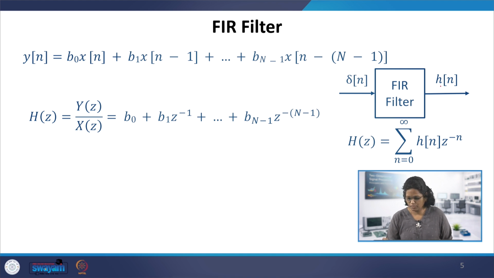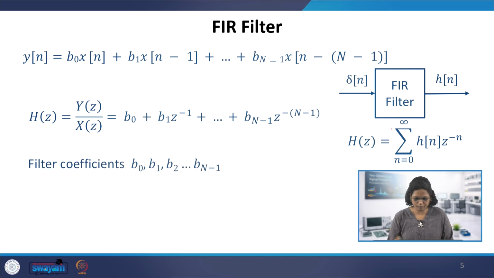So here h of z, which is the transfer function of this FIR filter as well, is obtained from the sum over n equal to 0 to infinity of h of n z to the power minus n. This is the z transform, and if we compare these two, h of n is equal to b naught, b1, up to b of n minus 1. So these are the coefficients.